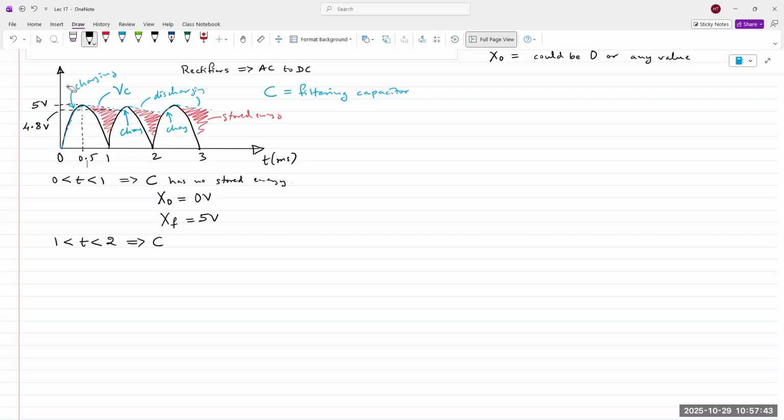This is 0.5. So let's do 0 to 0.5 as the charging, and 0.5 to 1, where my capacitor is discharging. So from 0.5 to 1, my capacitor is discharging, so it has some stored energy. My X0, my initial value, would be 5 volts. My final value would be 0 volts, even though it will never reach 0.